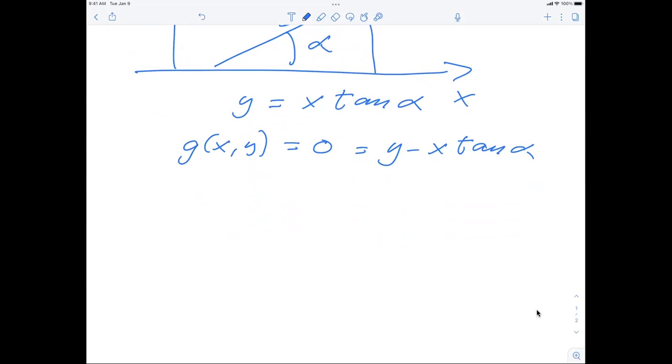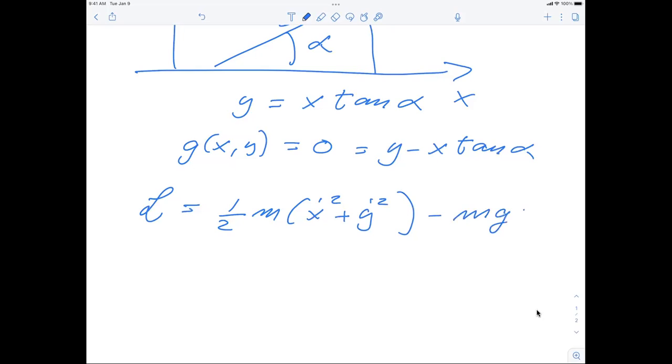So we are going to define a new Lagrangian, which is given by the kinetic energy, so we have 1/2 m (x dot squared plus y dot squared), and then I have my potential energy, which is simply the gravitational field, minus m g y.